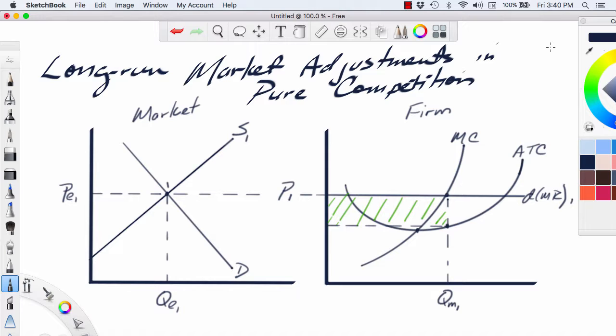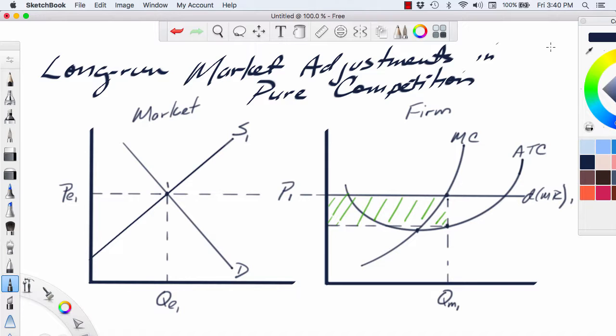Farmers can get in and out year to year simply by planting a different seed, applying different fertilizers, basically using the same equipment. If somebody wants to get out of corn and get into soybeans, fairly easy proposition. Somebody wants to get out of soybeans into corn, fairly easy proposition.